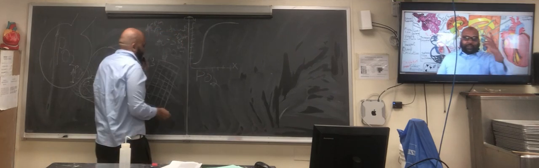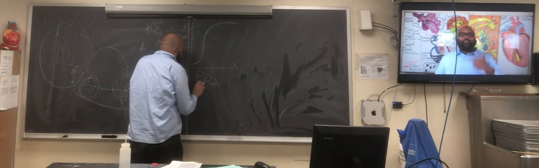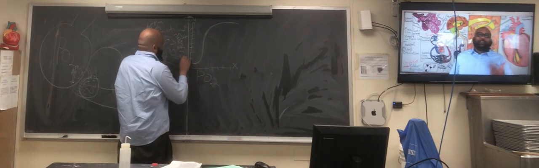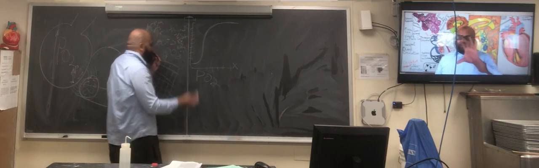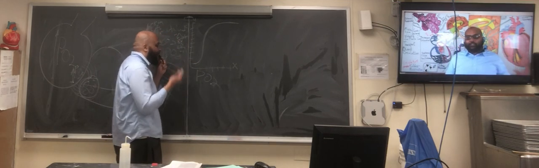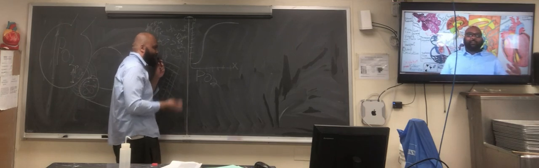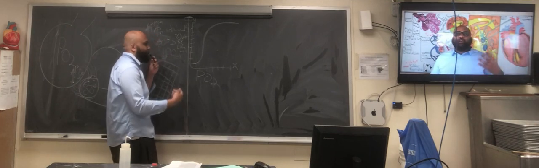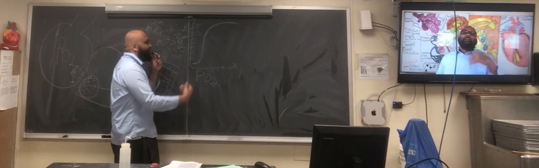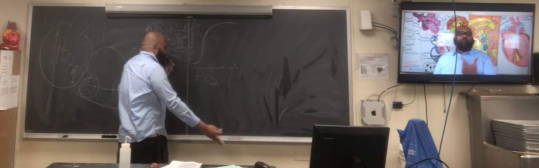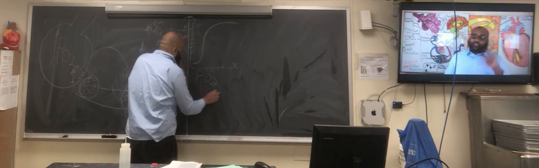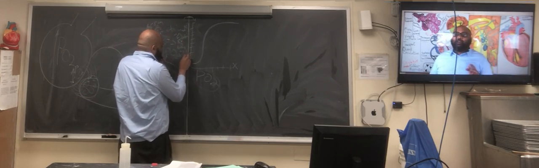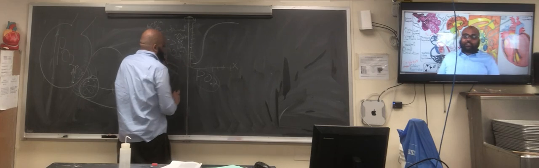We talked about that. When there is low partial pressure of oxygen in the tissue, obviously hemoglobin will not be saturated because it will give off all the oxygen. It will not be saturated near the tissue because the tissue needs oxygen to survive. So it will unload the oxygen. So at low partial pressure of oxygen, I should have low saturation of hemoglobin with oxygen.